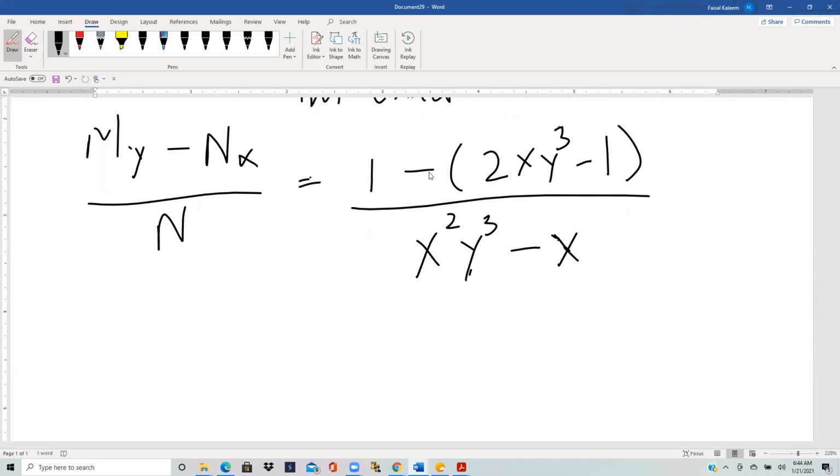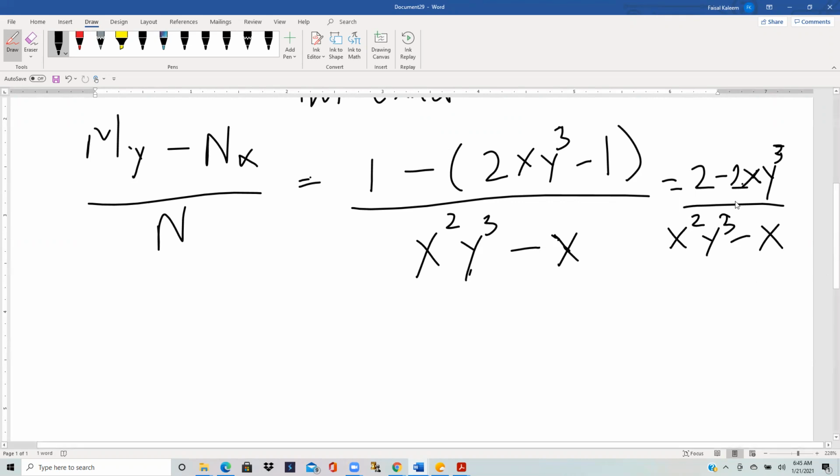So this is 1 minus this term plus 1, so that will be 2 minus 2xy cubed, and in the denominator I have x squared y cubed minus x. Now I factor.